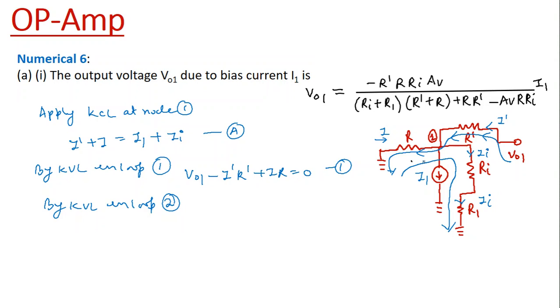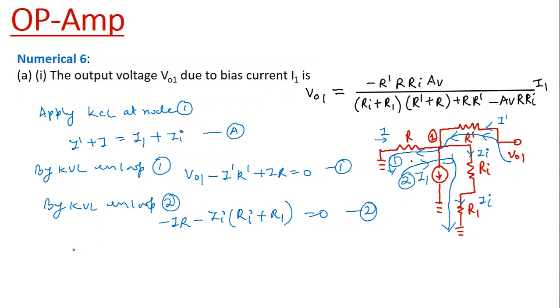This is the direction of the loop current. So this is loop number 2 and this was loop number 1. Applying KVL in loop 2, we get minus IR minus II into (Ri plus R1), since R1 and Ri are in series, is equal to 0. So this is our equation number 2.